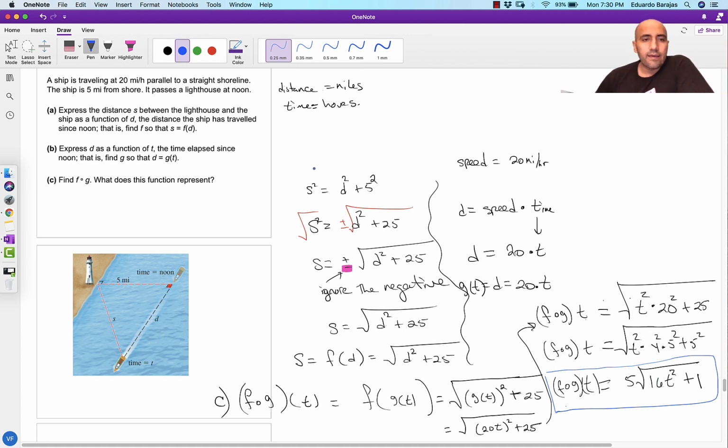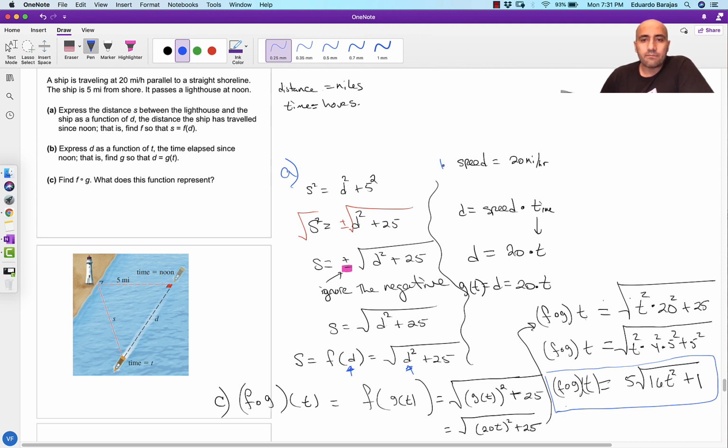For part A, we were able to find a function that described the distance from the lighthouse to the boat as a function of the distance it had traveled horizontally. The input was the distance traveled, and the output was the distance to the lighthouse.